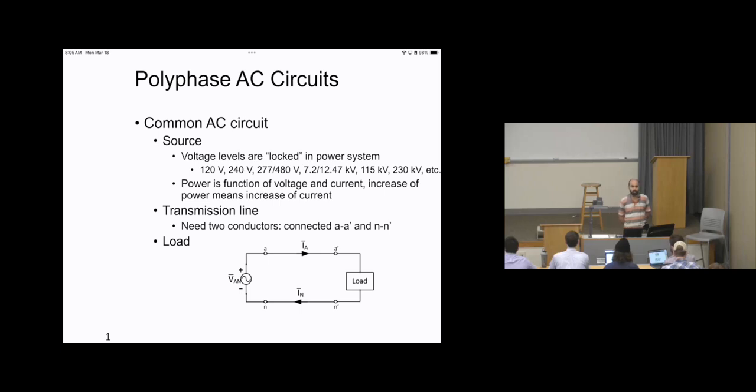While in the distribution area, it can be 7.2 kilovolts. For medium voltage it can be 11 kilovolts or 12.47, whatever, and we have high voltages like 115 kilovolts, 230 kilovolts.